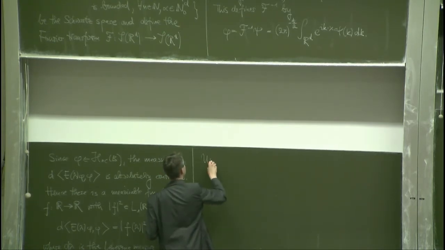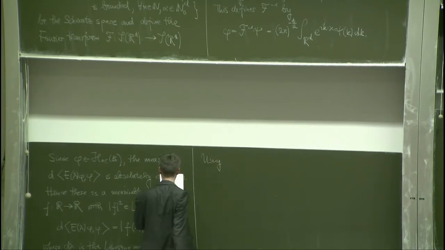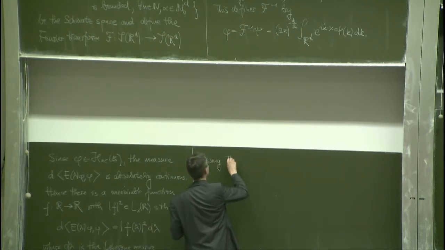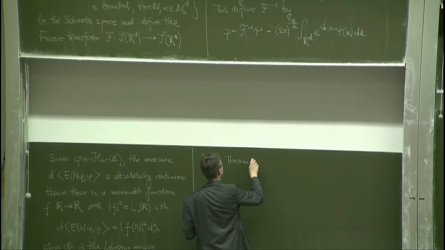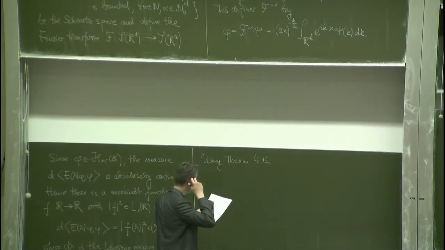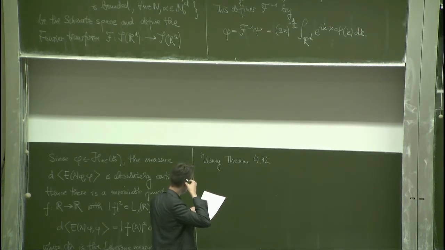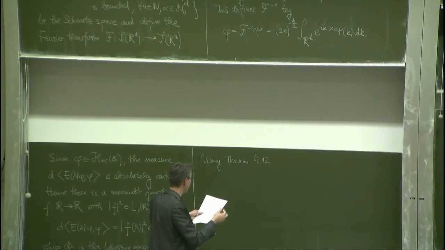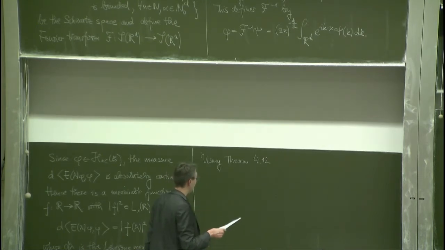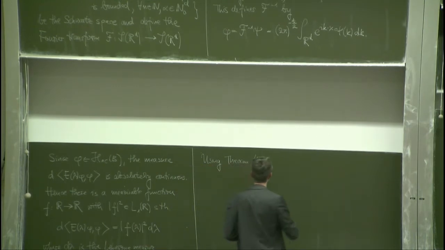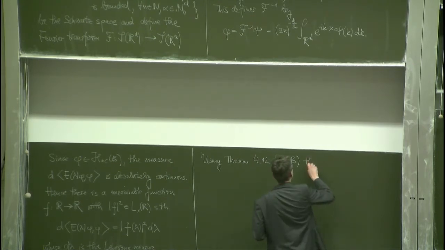Now, using theorem 4.12, which is the spectral theorem in the multiplicator operator version, where you have multiplication in a suitable Hilbert space simply with a variable. So for the operator B, we apply this here.